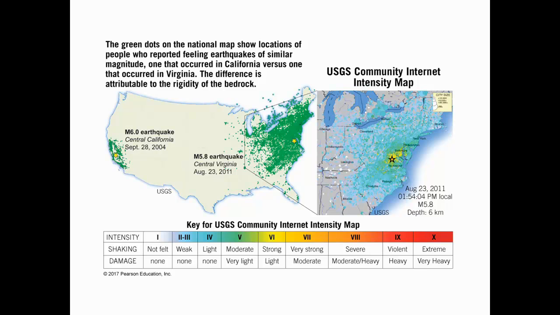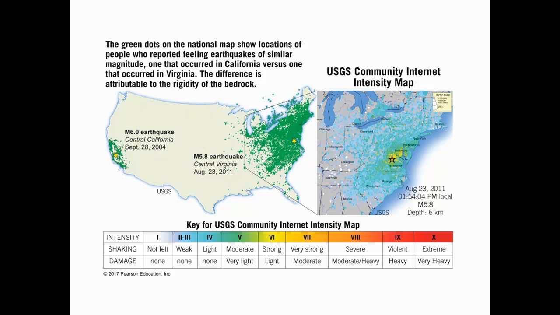Now, even though the earthquake in central California with the magnitude 6 was a little bit stronger than the one occurring in central Virginia, the regional distribution of people feeling that earthquake was quite a bit less than the distribution of people feeling the earthquake in central Virginia.